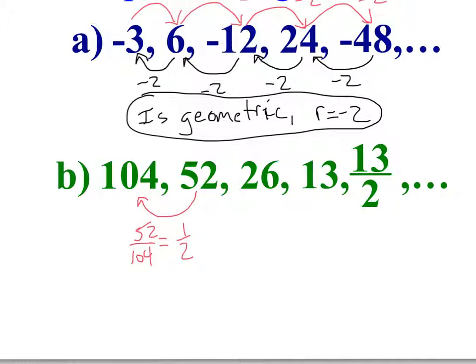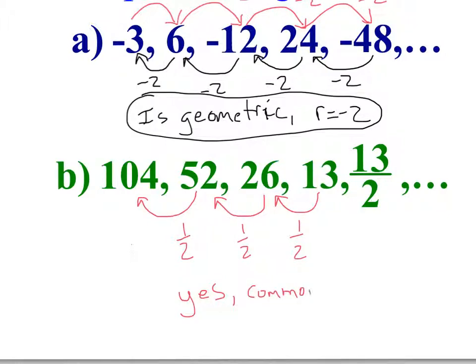So, 52 divided by 104 is 1/2. And actually all of these would give you 1/2. 26 divided by 52 is 1/2. 13 divided by 26 is 1/2. So here, again, it is geometric. And the common ratio, which is the letter R, is equal to 1/2.